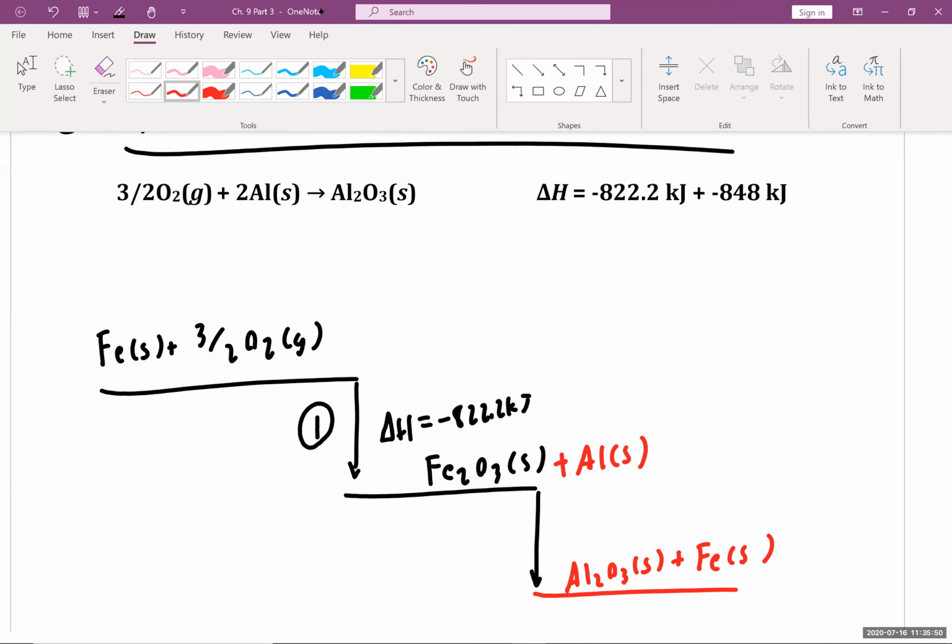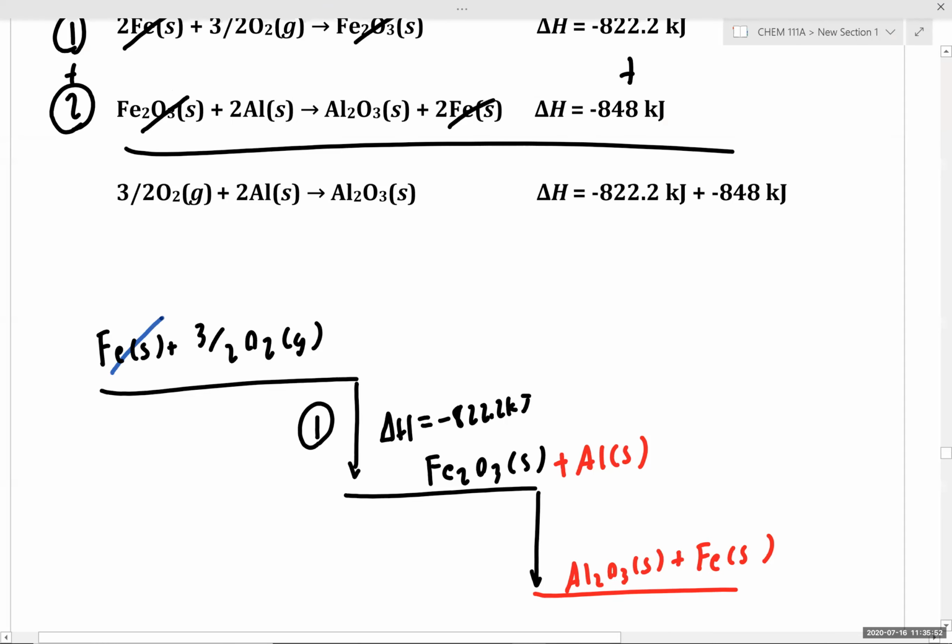As the iron is present both at the start and end of our reaction steps, we can cancel the iron. The iron oxide that we made in one step was consumed in another step.